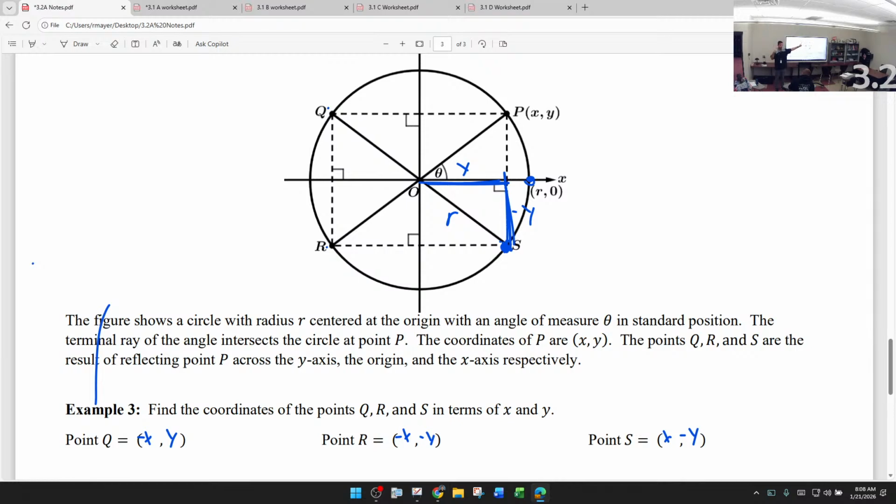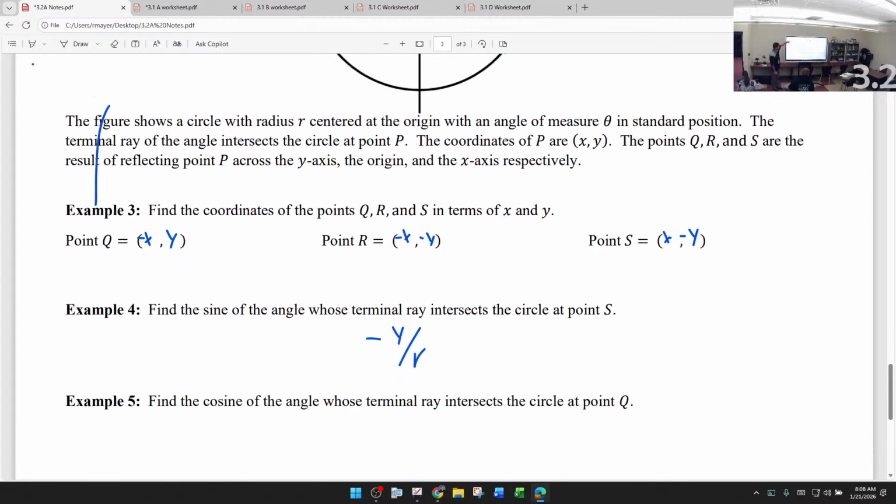But sine's up in there, it's positive. You already know all that stuff. Every x is negative here, every y is positive here. Cosine, negative x over r. I like to see cosine theta equals, I like to see sine theta equals.